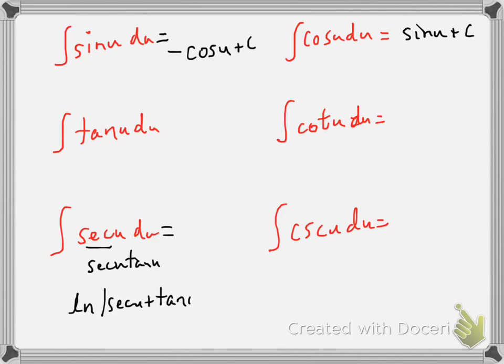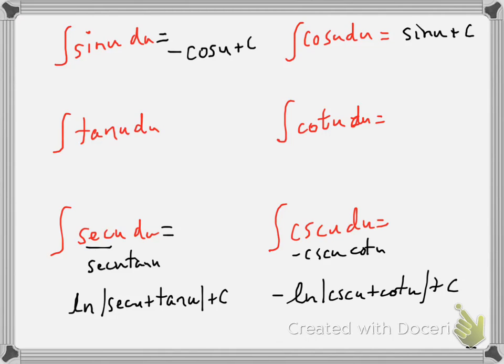So very similar looking. There's just a plus instead of a multiplication. Same with cosecant. The derivative of cosecant is negative cosecant cotangent. The integral of that is negative natural log cosecant plus cotangent. Very similar to the derivative.